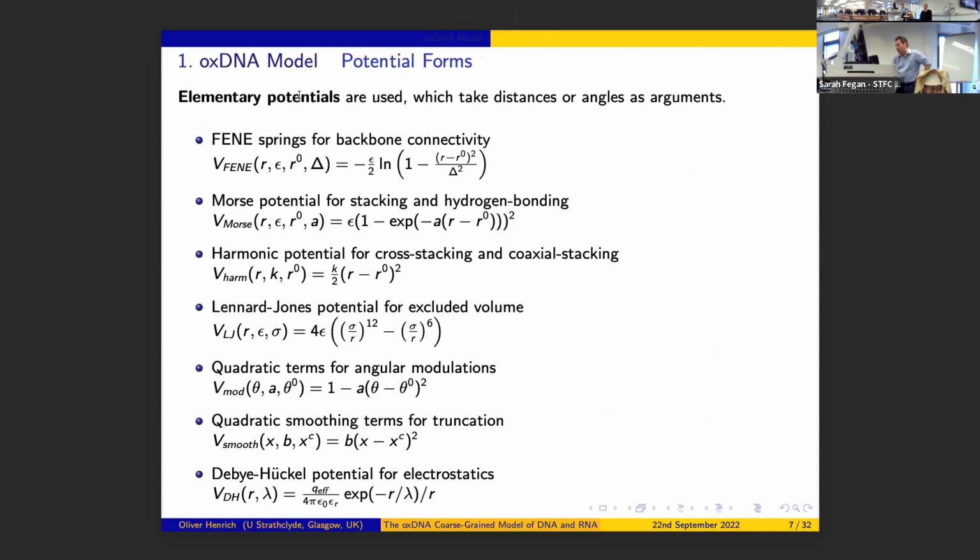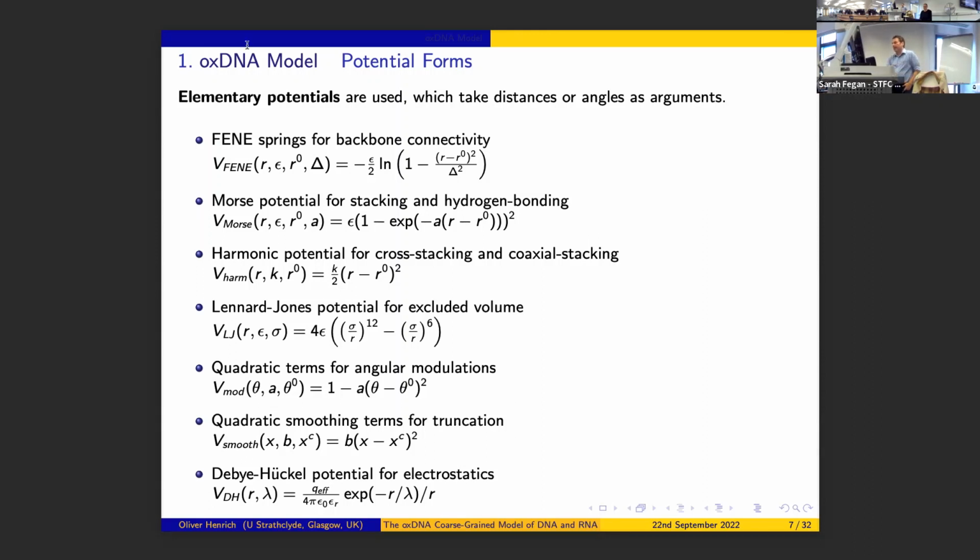There are a few very elementary potentials that are used in oxDNA. Starting with the backbone, you want something that extends, but not too much, which is why they picked the FENE potential. FENE is finitely extensible, nonlinear, elastic, I think this is what it stands for.